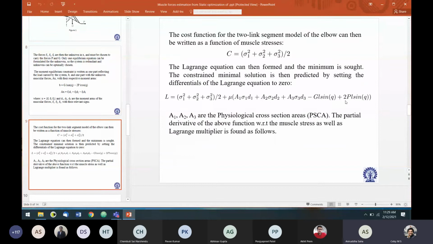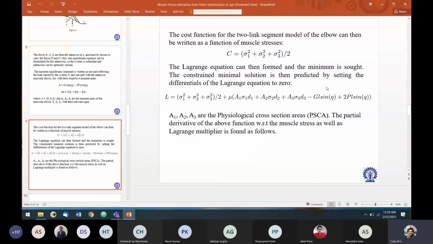Can you tell the thinking behind the cost function, the objective criteria? I'll discuss the different objective criteria we can follow. Is it fixed, or is there some rationale behind it? The most common approaches are taking muscle forces or muscle stresses.